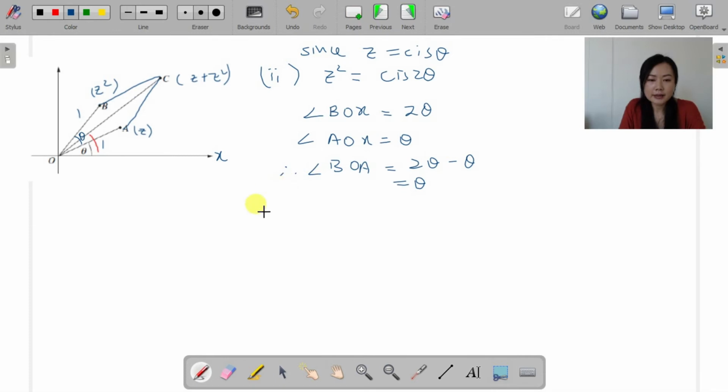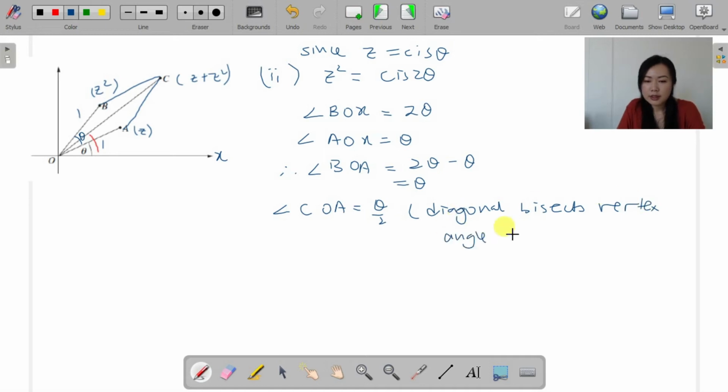And then that means angle COA is theta on 2, since the diagonal bisects the vertex angle in a rhombus.